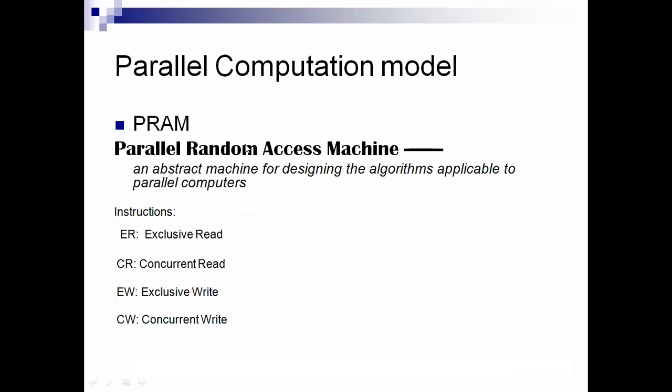For example, the parallel random access machine, PRAM. We use ER for exclusive read operation, CR for concurrent read operation, EW for exclusive write operation, and CW for concurrent write operation. This is the parallel computation model using the divide and conquer approach.